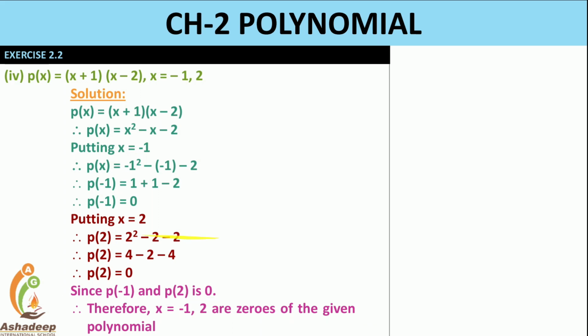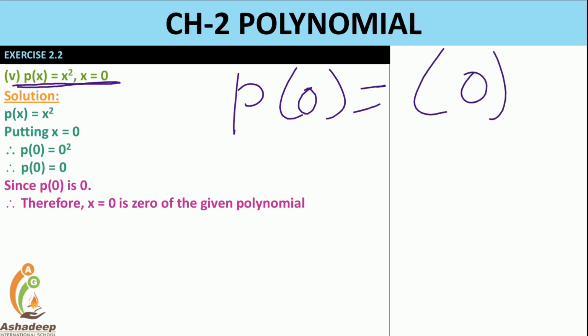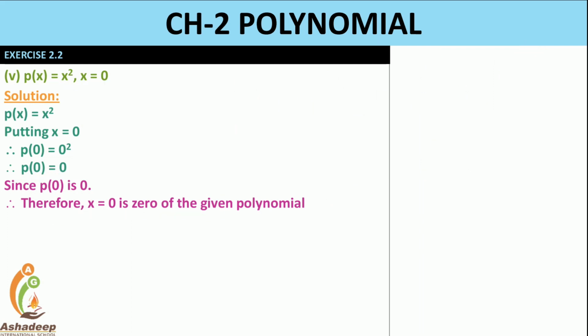Okay. Now another sum, and that is p of x is equals to x square, where x is equals to 0. That means p of 0 is equals to 0 square is equals to 0. If it is 0, then therefore x is equals to 0 is the 0 of the given polynomial. Okay.